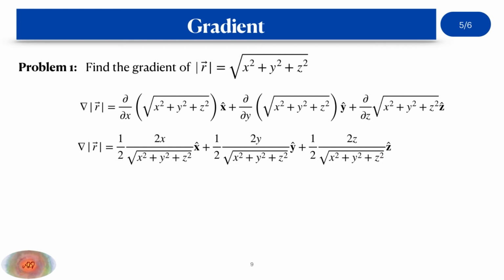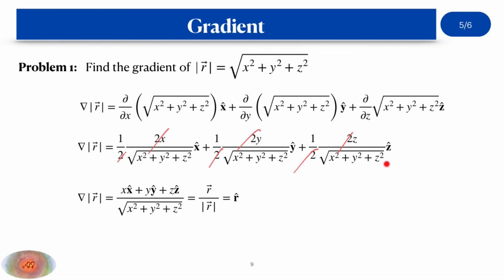And finally you can easily identify what this one is. The 2 gets cancelled from each of these sections, and finally you will end up with a final expression. Here, since the numerators are all equal, you will get x cap plus y cap plus z cap.